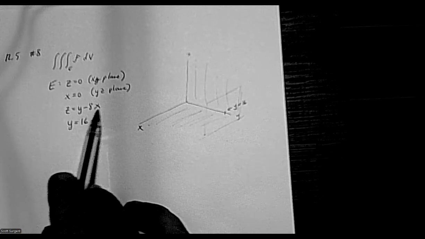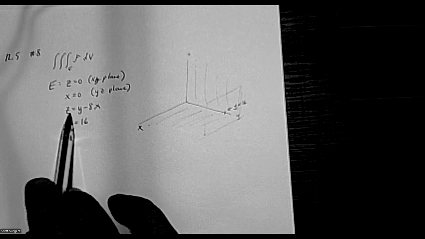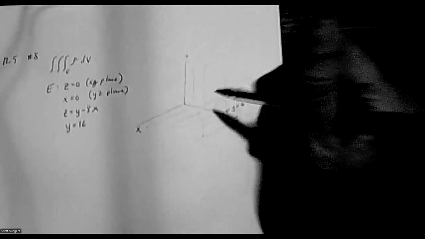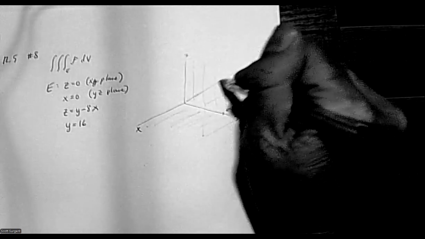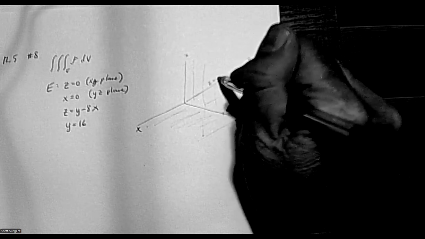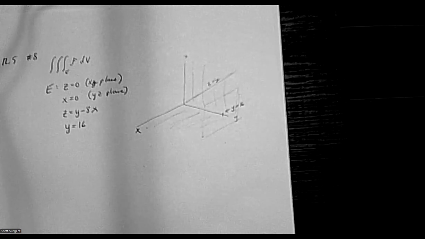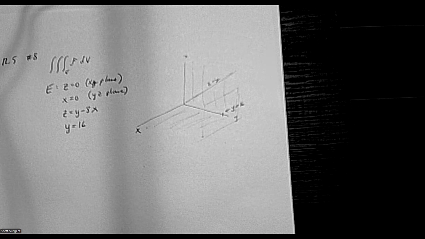When x is 0, I just have z equals y, and that's going to be the 45-degree line. It's going to be like the shadow on the wall there. And when y is 0, I've got z equals negative 8x.